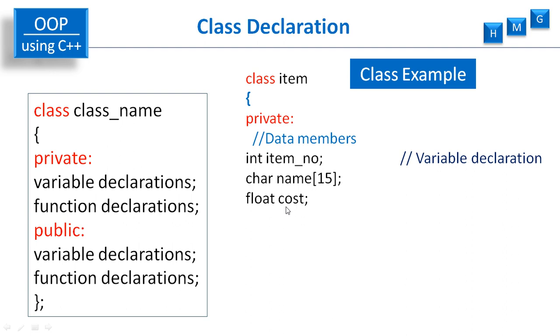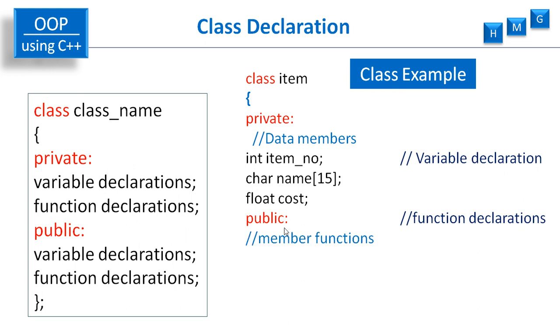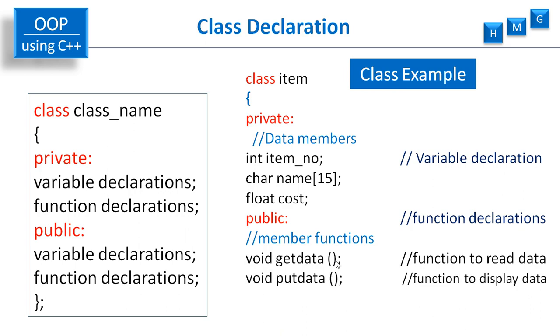Now let us go to the public section. In the public section I will declare the member functions. The first member function I am declaring is void get data. Void is the return type, get data is the function. There are no arguments, so here empty parentheses are there. Second member function is put data.